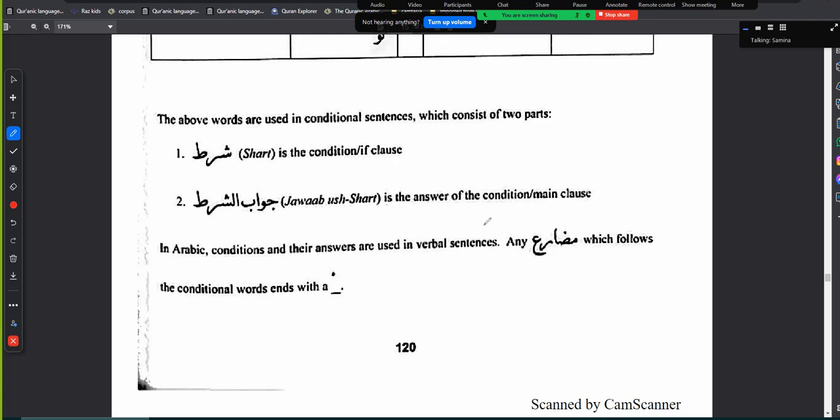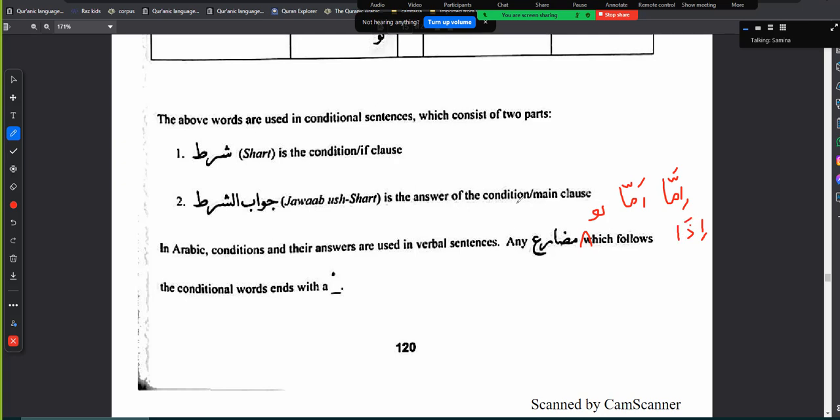So there is a correction here. Any mudare with the exceptions of law, amma, imma, and idha. Okay. So these are what? They are ghairu jazim.